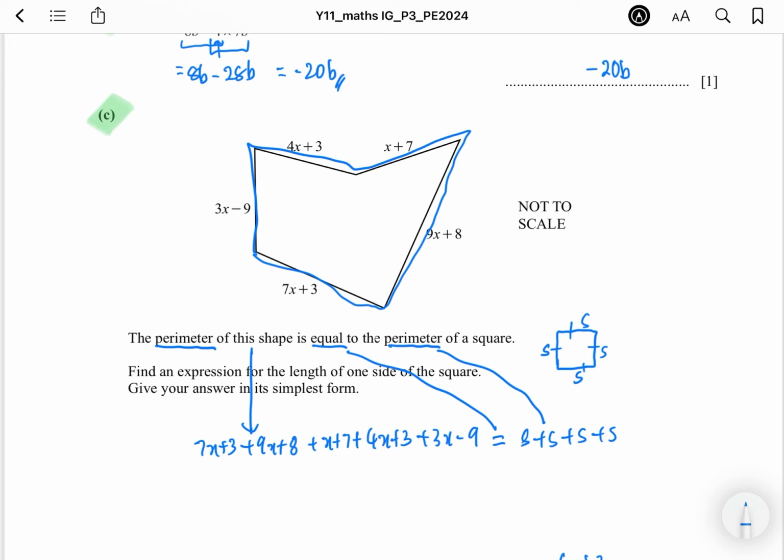Simplify all the like terms. 7x plus 9x plus x plus 4x plus 3x equals 24x, and then 3 plus 8 plus 7 plus 3 minus 9 gives you plus 12, equal to 4s.